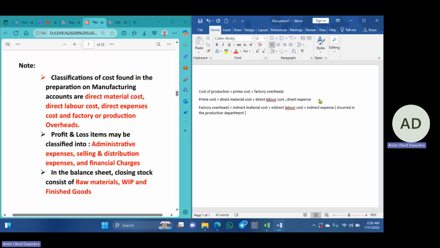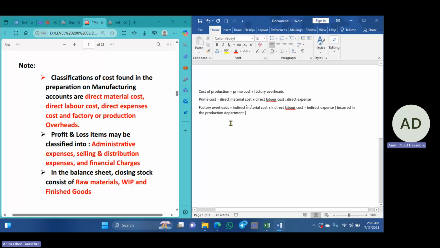Because we have those indirect costs that are incurred under the administration department. Those ones will not come in the manufacturing stage. They will go towards the sales department, which is the income statement or profit and loss items. So when you are picking the factory overheads, be careful of the item that you are picking.